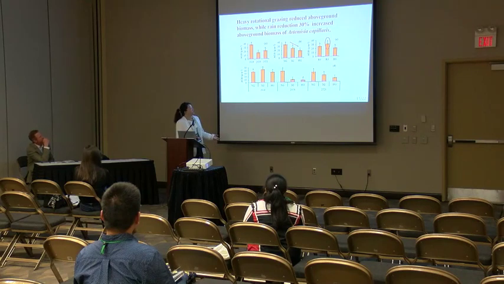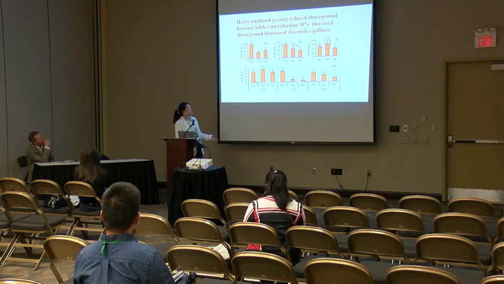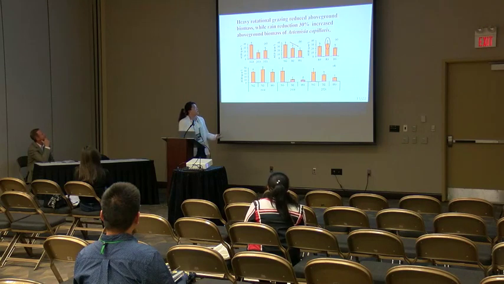Heavy rotational grazing decreased the aboveground biomass, while the 13% rain reduction increased aboveground biomass. We think the moderate drought may stimulate the growth of the Artemisia.